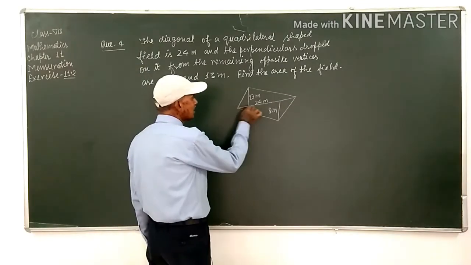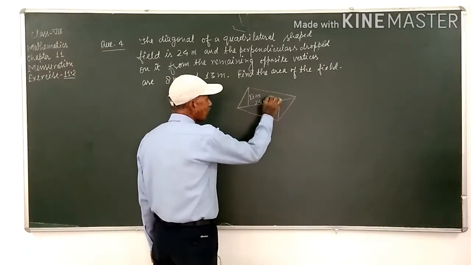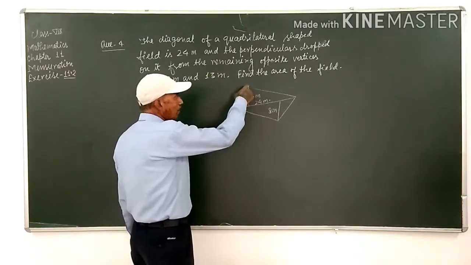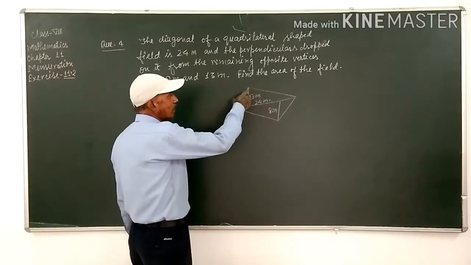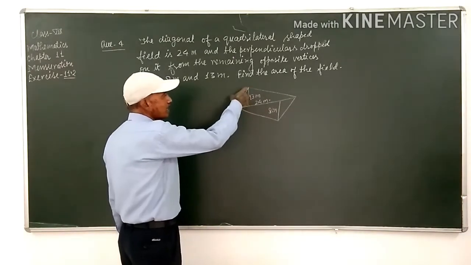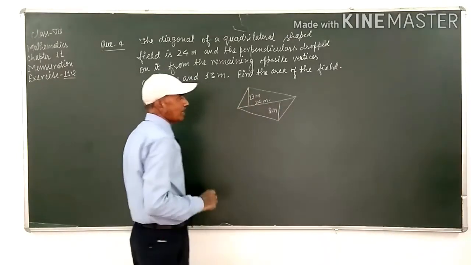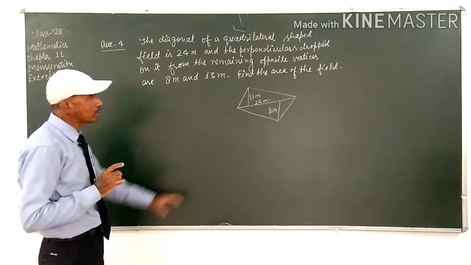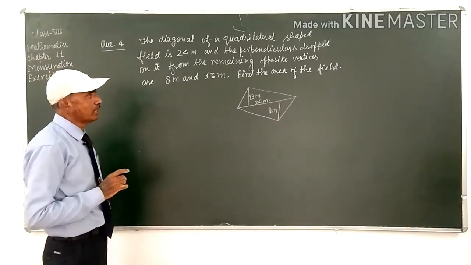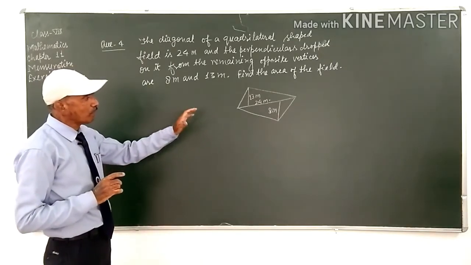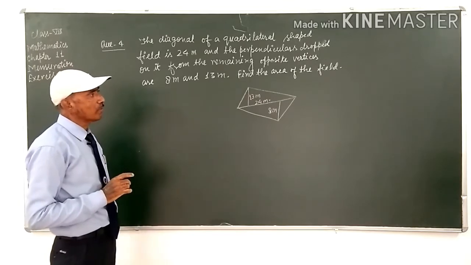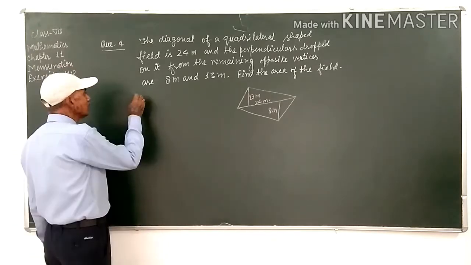The length of this diagonal is 24 meter and the perpendiculars from the vertices are 13 meter and 8 meter. Clear, students? And this is a quadrilateral. So we have to find out the area of this quadrilateral shaped field.